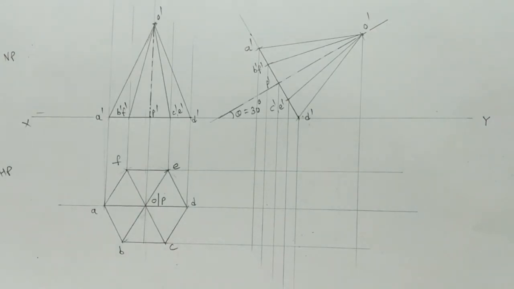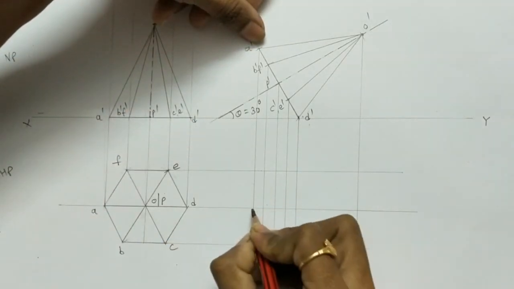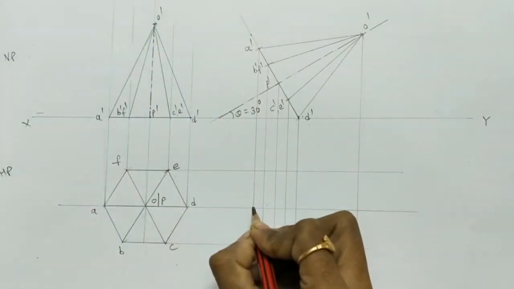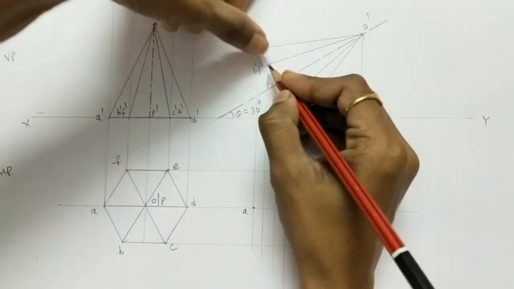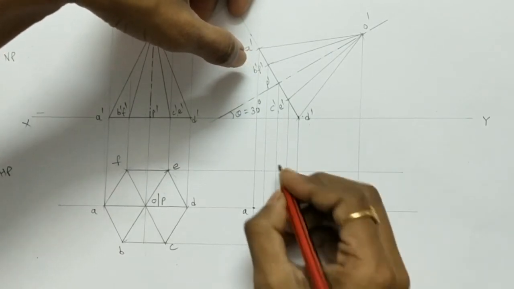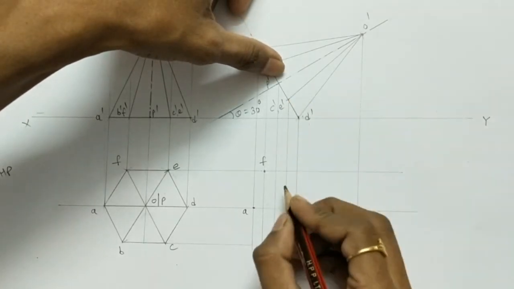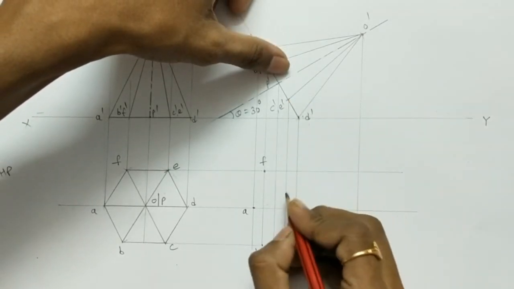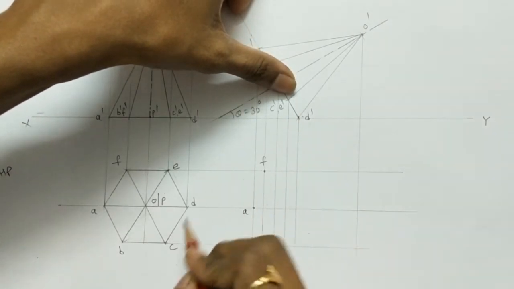Now join. First take all the points, as this is A dash and here A dash. So this is point A, then B dash, F dash on this line, and this is point B, this is point F, then P dash, O dash, P dash, we will draw axis later, then C dash, E dash.